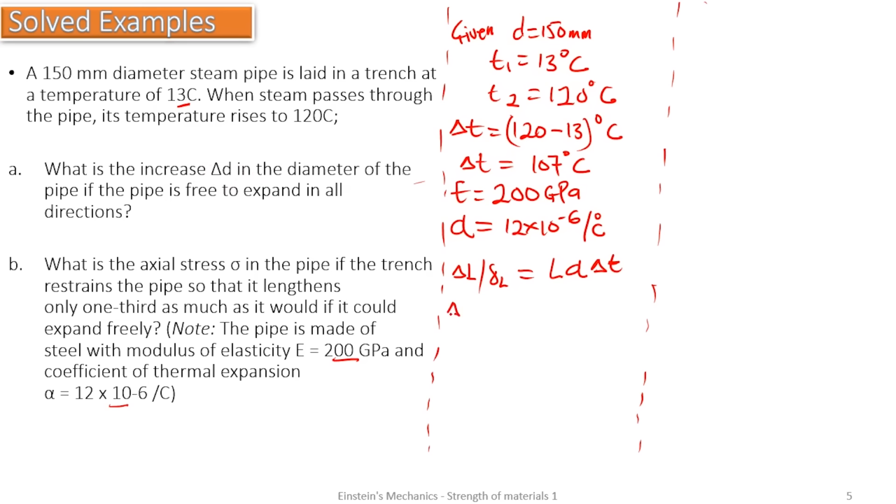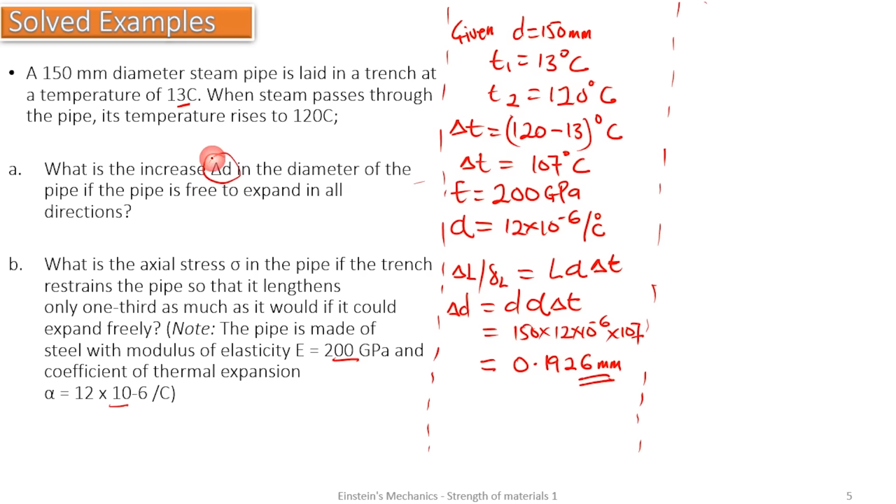So we can say change in diameter is going to be the diameter times alpha times change in temperature. And we know the diameter to be 150 times the alpha, which is 12 to the power negative 6, times the change in temperature, which is 107. So at the end, we are going to have change in diameter to be 0.1926 millimeters. That's quite simple.